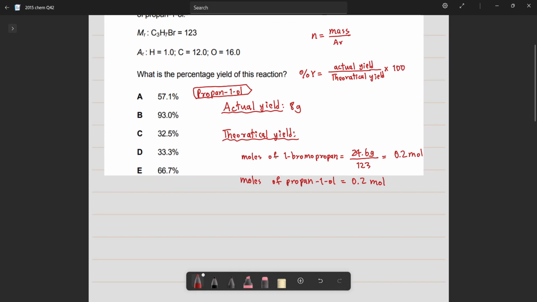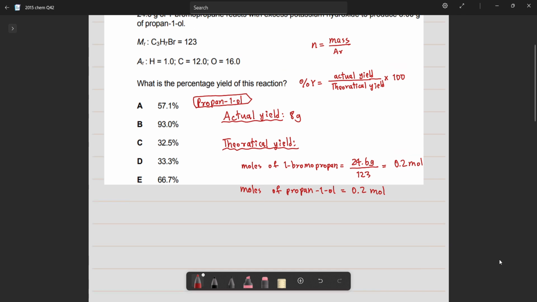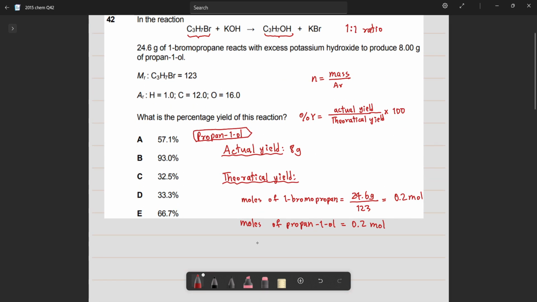And now we will convert and find the theoretical mass of propan-1-ol. We simply multiply 0.2 moles with the molar mass of propan-1-ol. Since they've not given us that, we're going to use the atomic masses of the elements to find it out.